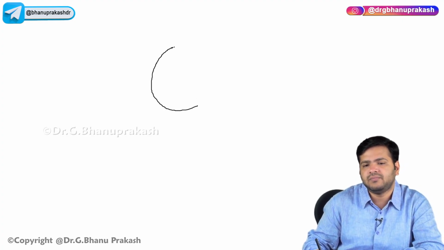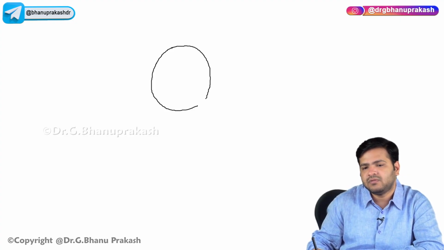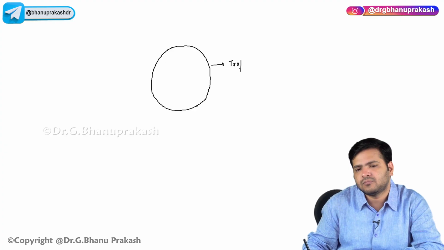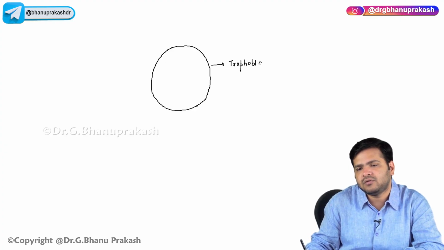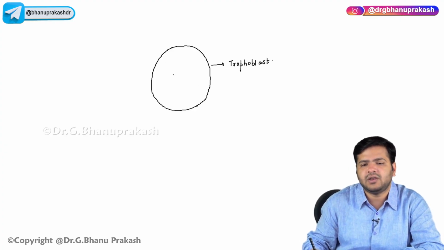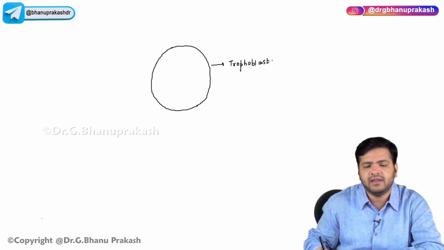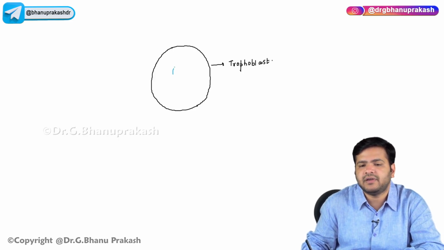You already know. Let us try to draw the diagram in a nutshell. Now, this is the trophoblast, and you already know inside we have the amniotic cavity and the yolk sac, right? So let us just try to draw this.